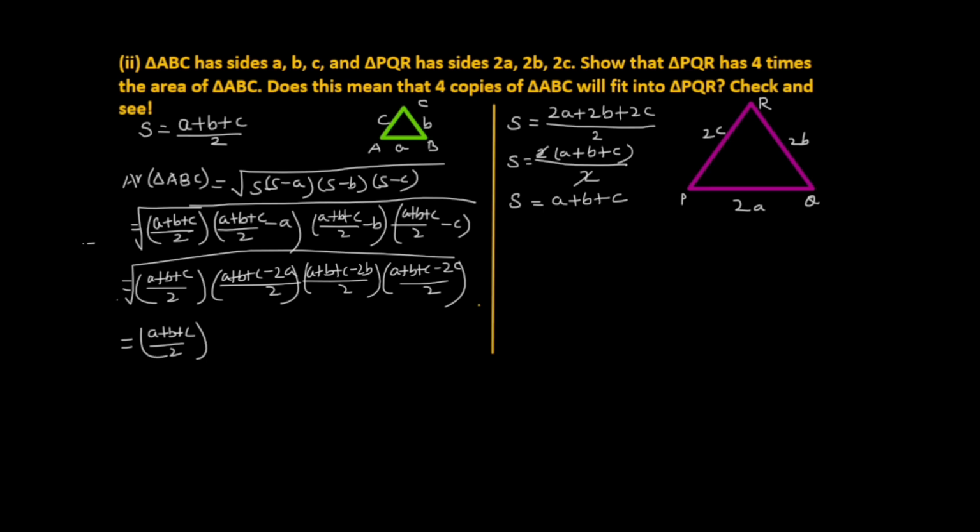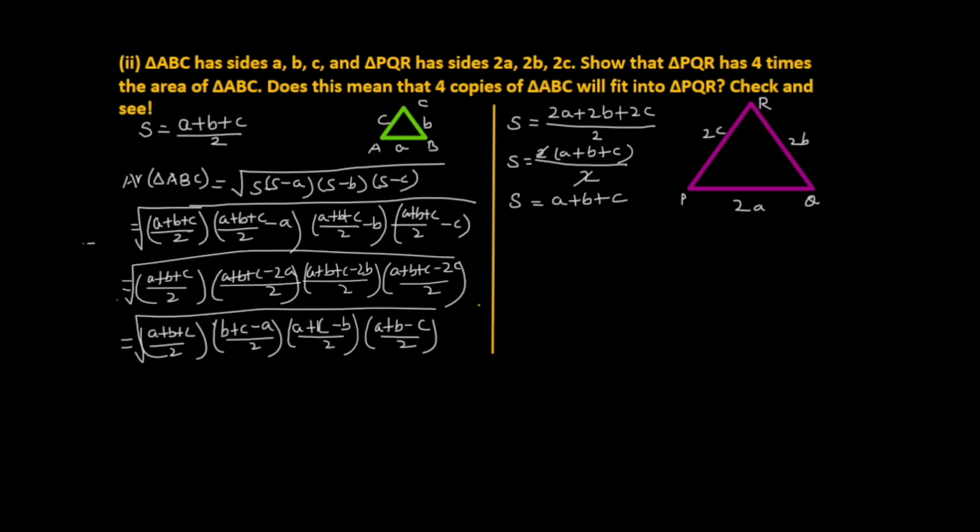For the second bracket we are having A minus 2A, which is B plus C minus A by 2. Then third bracket we are having B minus 2B, that is minus B. So A plus C minus B by 2. Then the last bracket we are having C minus 2C, which is A plus B minus C by 2.